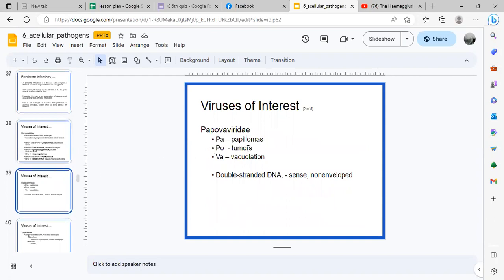Additional virus, you have yung mga nagkakaroon ng warts, yung papillomas, and then you have the tumors and vacuolation. So this is in the family of the Papovaviridae virus. So double-stranded yung DNA and negative sense and non-enveloped.